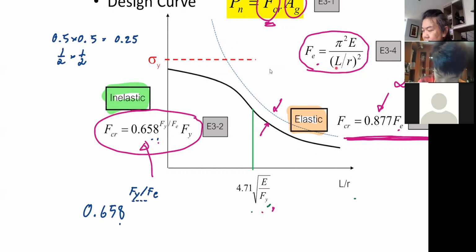If you use this formula right away, you go beyond Fy as we mentioned yesterday. You should realize by now that if your KL over R is not large, your Fe will be large, and this power becomes very small, and instead you're going to have F critical closer to Fy, so to speak.